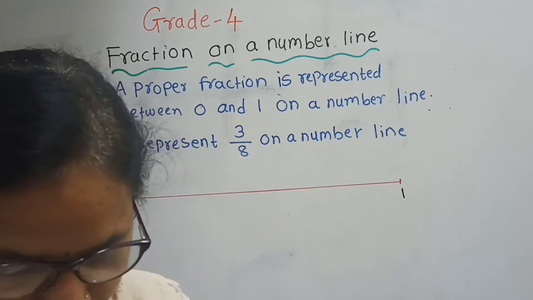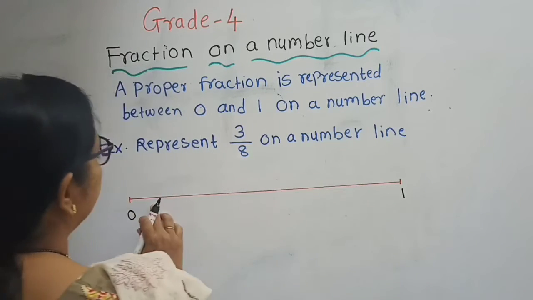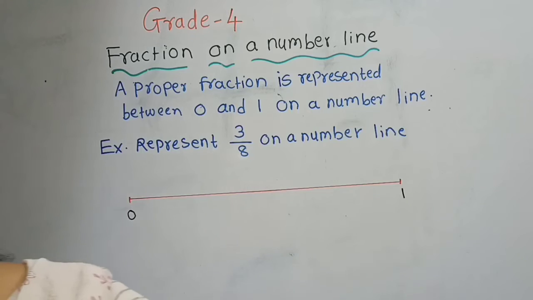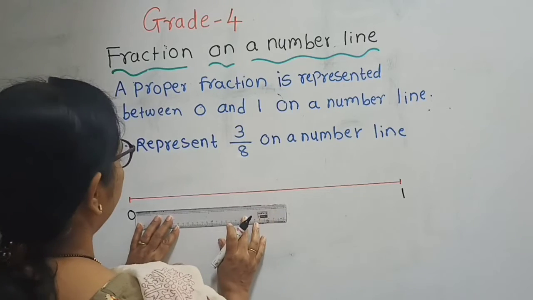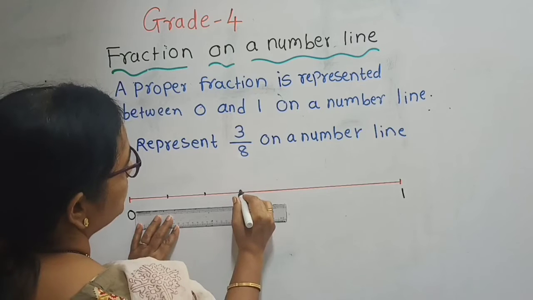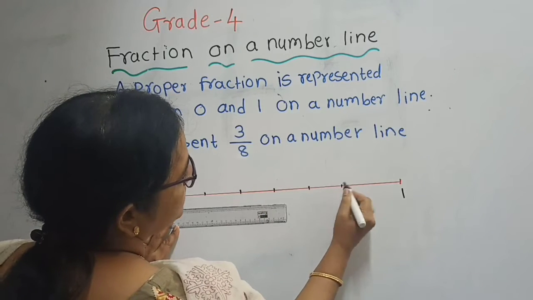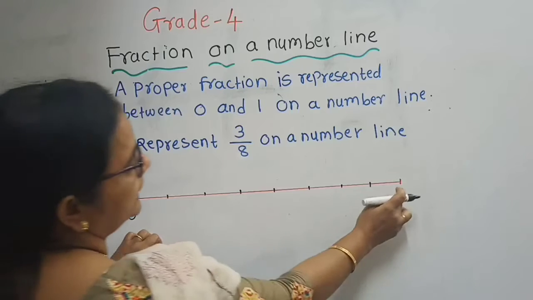parts. Okay children, so here is 0 to 1, then we have to start from here. See, 1, 2, 3, 4, 5, 6, 7 and 8.